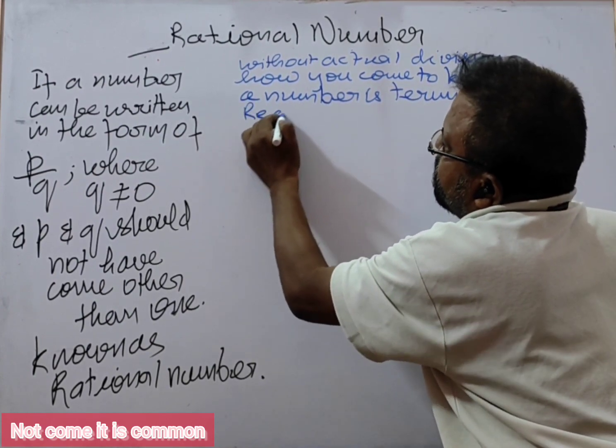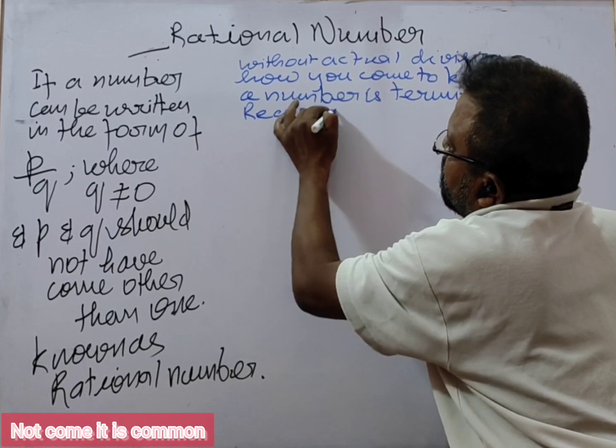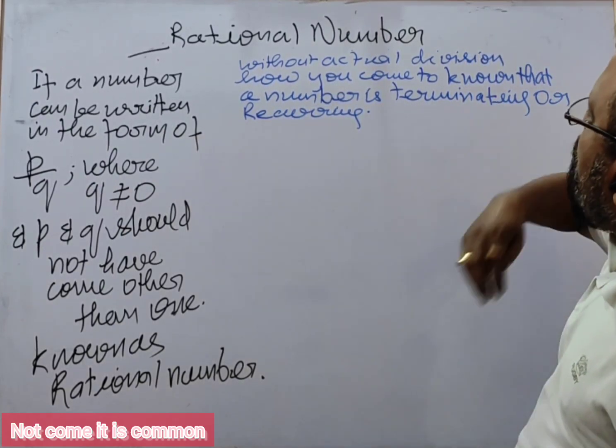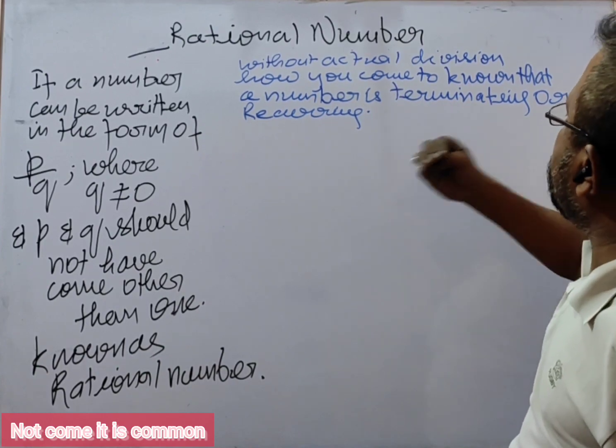Without actual division, how do you come to know that a number is terminating or recurring?